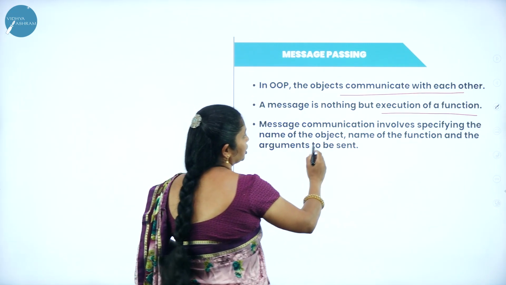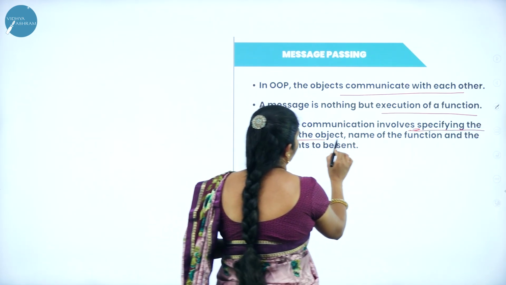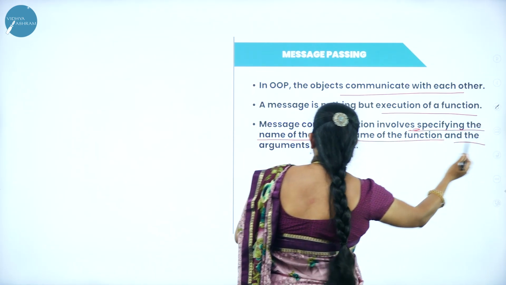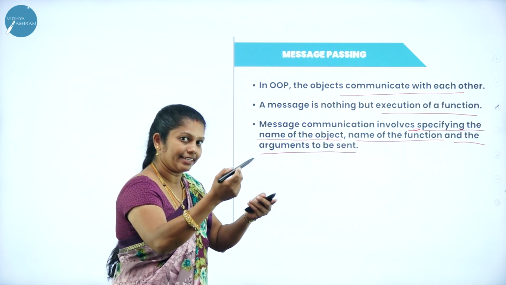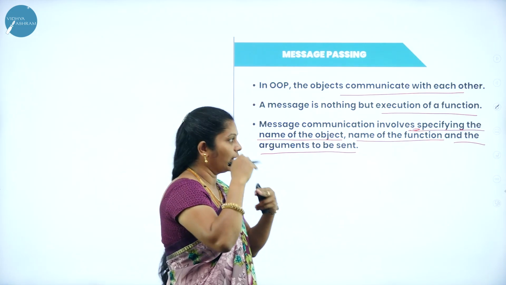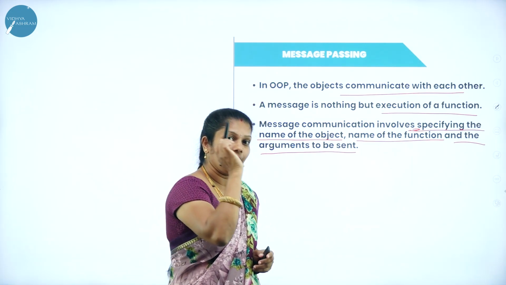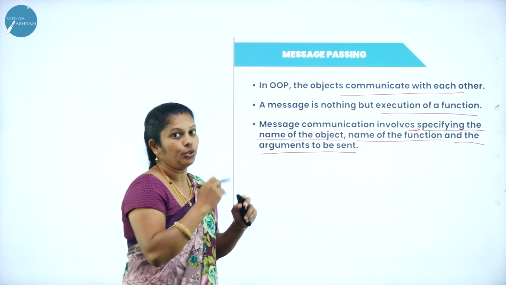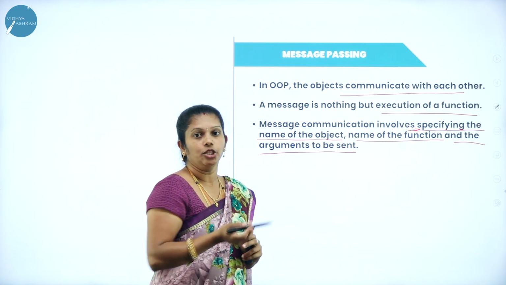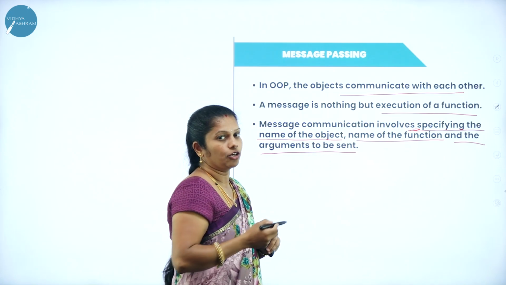Message communication involves specifying the object, the name of the function and the arguments to be sent. If I want to send any data from one program to another, I must mention which object, what the name is, and how many values I am passing. Then only can we pass the values from one object to another.